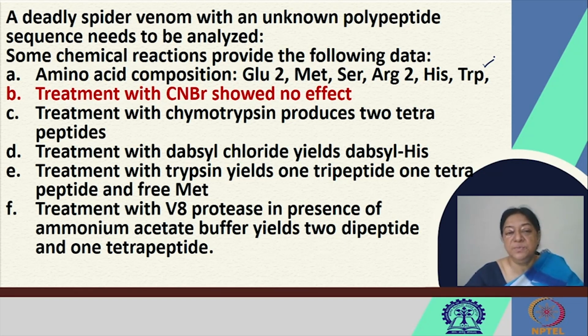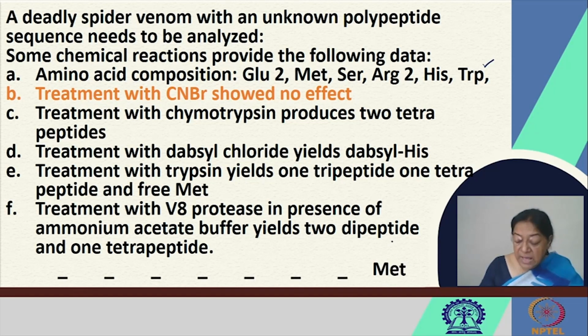Now, the lactone possibility is only when the methionine is within the polypeptide chain. This means that when the treatment with CNBr shows no effect, methionine has to be the C-terminus, right? We can also determine the C-terminus by using a carboxypeptidase.